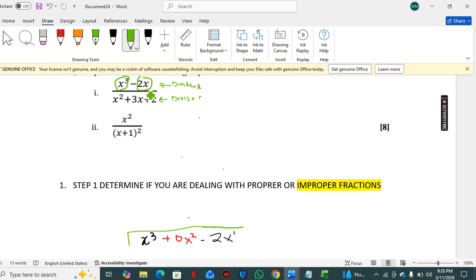So it's a binomial, because there are two terms in that expression. Then the other one below here has three terms. This one's a polynomial, I mean a trinomial, because there are three terms. So you just say polynomial, trinomial, binomial, depending on how many terms you have in the expression.